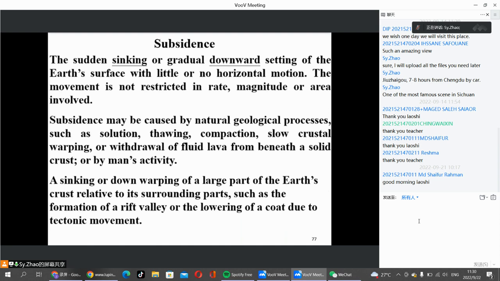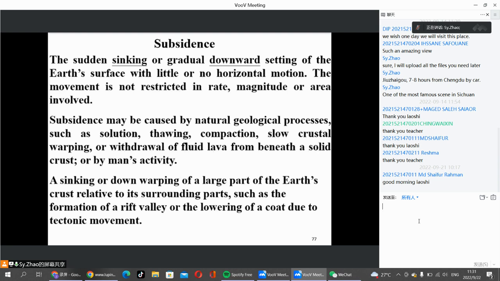Okay, subsidence is the reverse term to uplift. It refers to the sudden sinking or gradual downward settling of the Earth's surface with little or no horizontal motion. The movement is not restricted in rate, magnitude, or area involved.